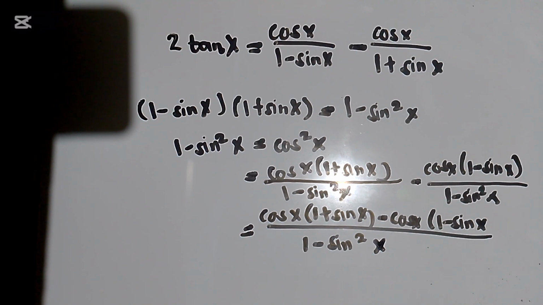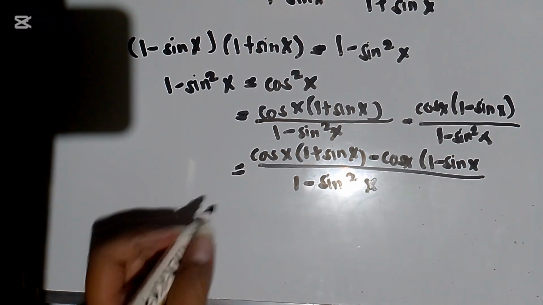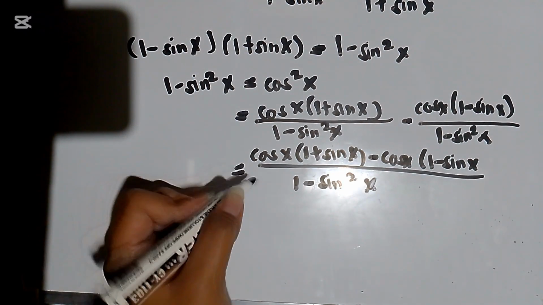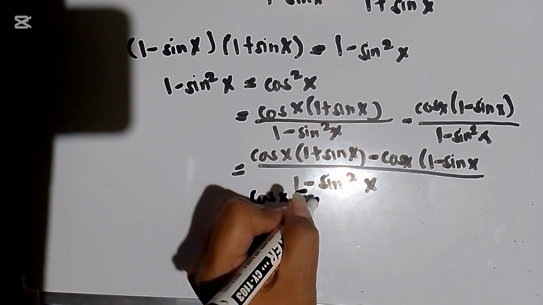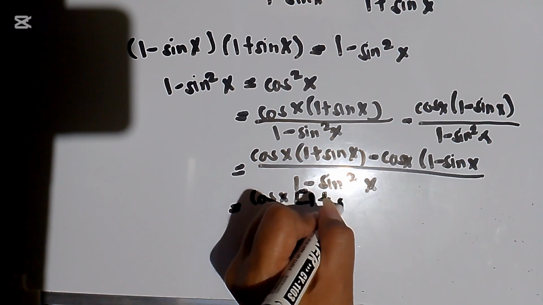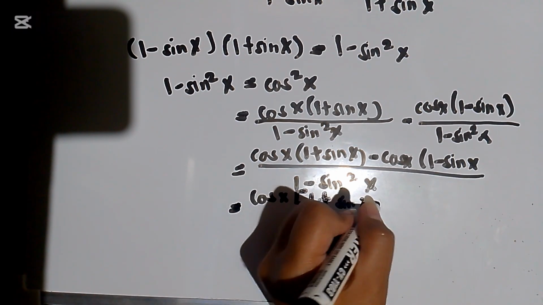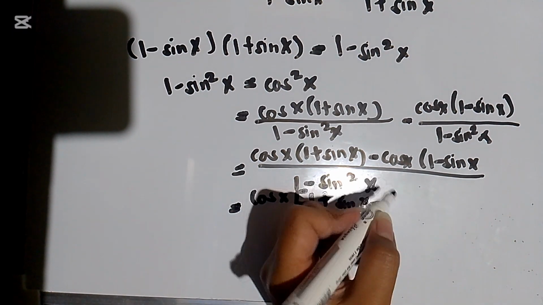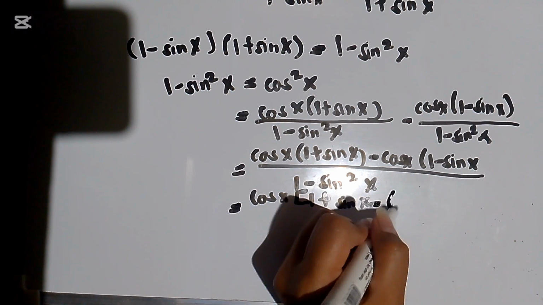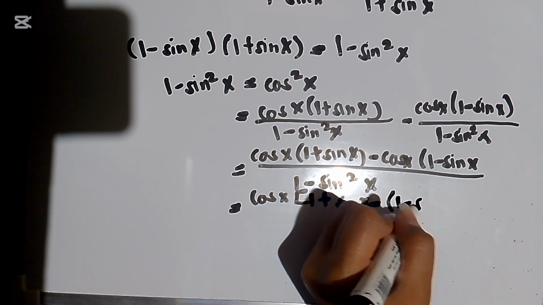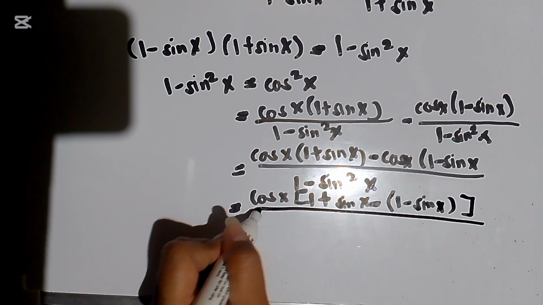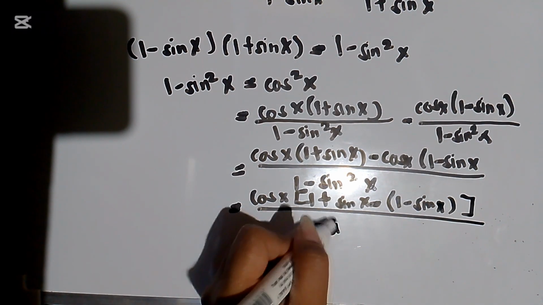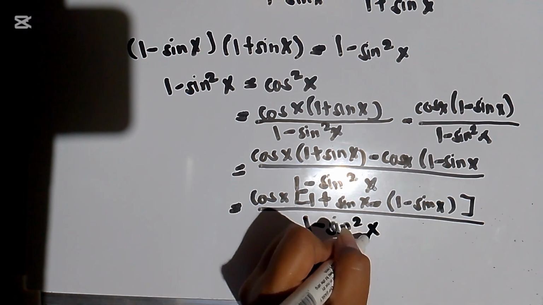Next, expand the numerator. So it is going to be equal to cos x [(1 + sin x) - (1 - sin x)] over (1 - sin squared x).